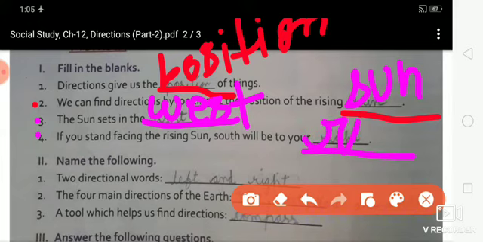Right, R-I-G-H-T, right. If you stand facing the rising sun, south will be to your right.